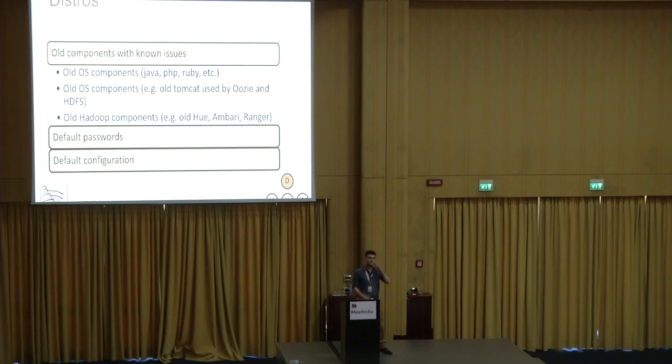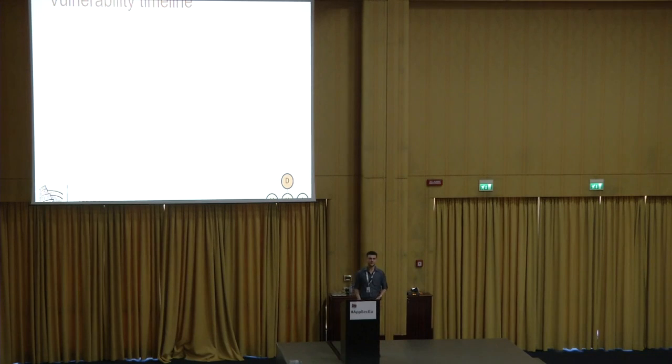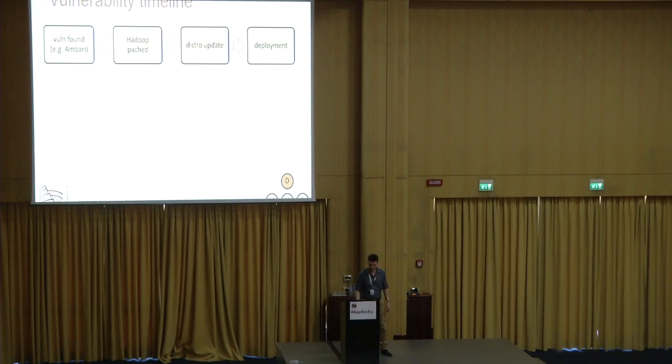Okay, so the problem with distributions is that they've got old OS components, like programming stuff, Java, PHP, Ruby, old OS components connected to, for example, HTTP servers, like there is an old Tomcat used by Oozie, or old Hadoop components, as I mentioned, old Hue, Ambari, or Ranger. And here comes the best question of this presentation. I mentioned that we found some vulnerability, for example, in Ambari.